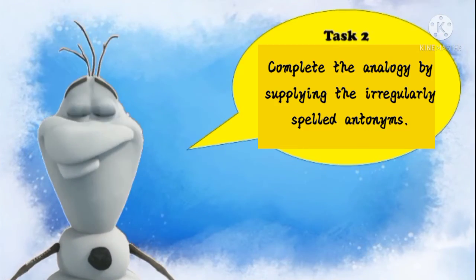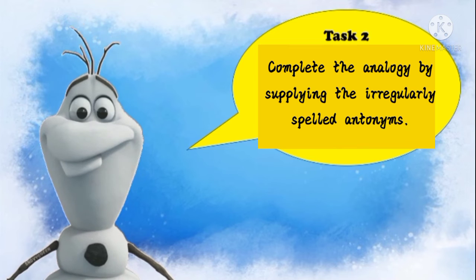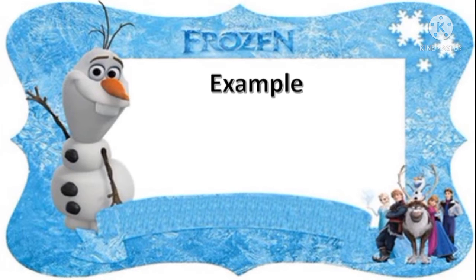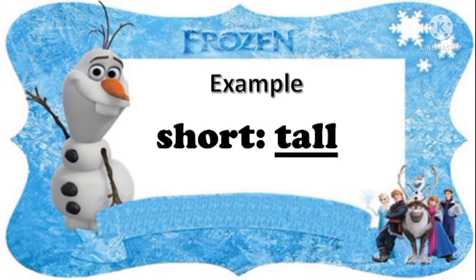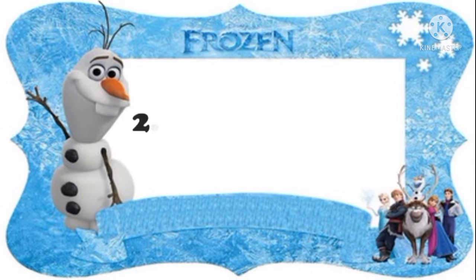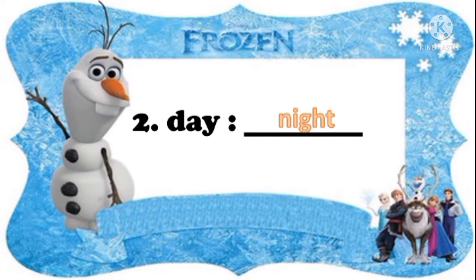Now for task 2. Complete the analogy by supplying the irregularly spelled antonyms. Example: short, the antonym is tall. Number 1. Black, the antonym is white. Number 2. Day, the antonym is night.